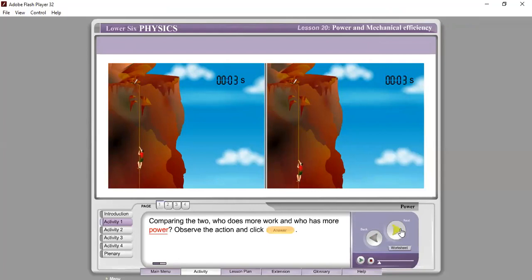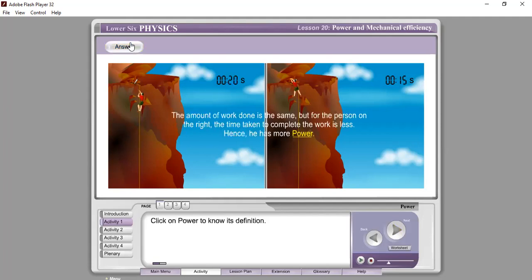Comparing the two, who does more work and who has more power? Observe the action and click Answer. The amount of work done is the same, but for the person on the right, the time taken to complete the work is less. Hence, he has more power.